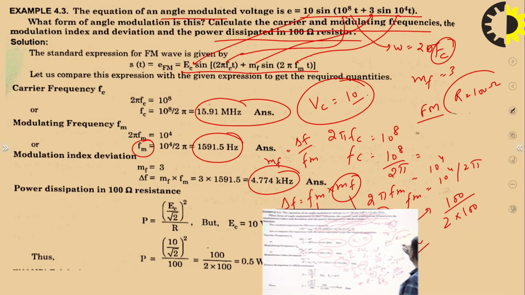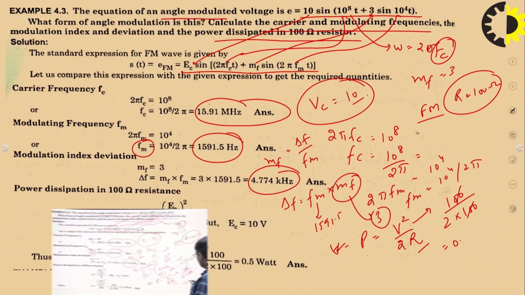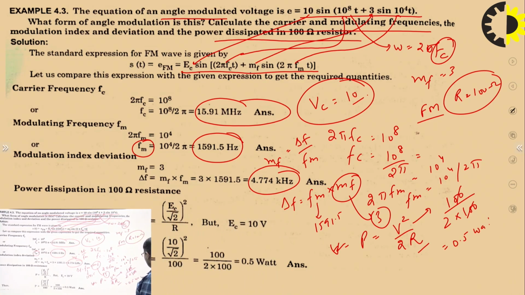Putting this value, we get 0.5 watt. So the power is constant for the case of FM, that is 0.5 watts.